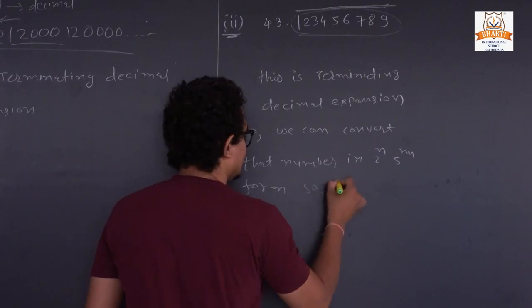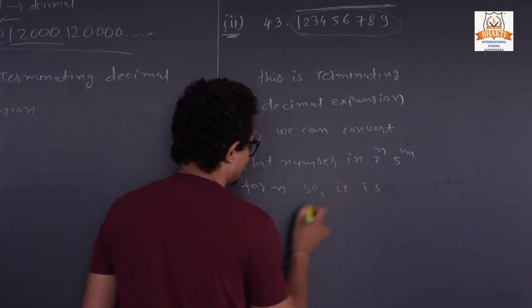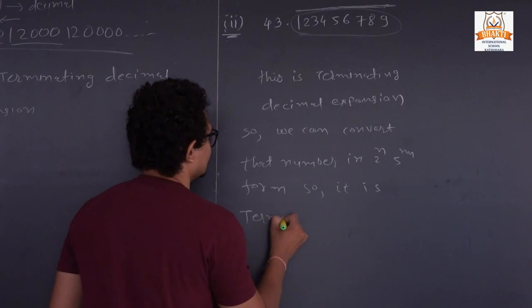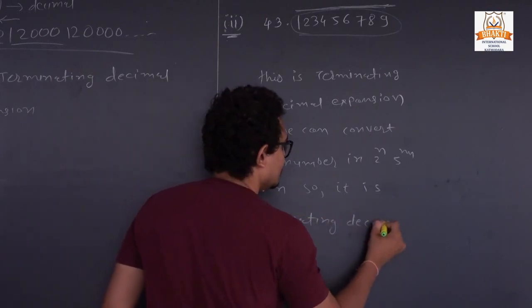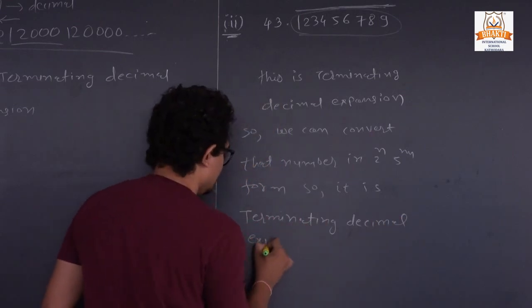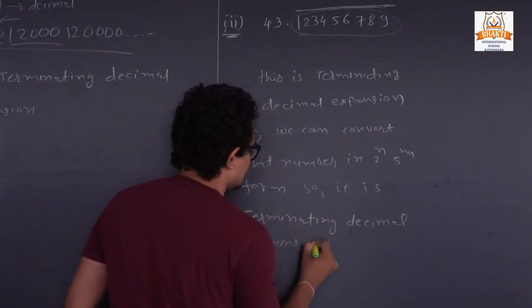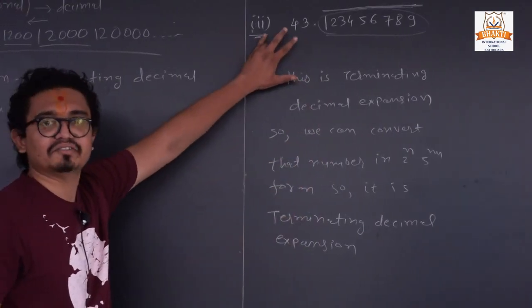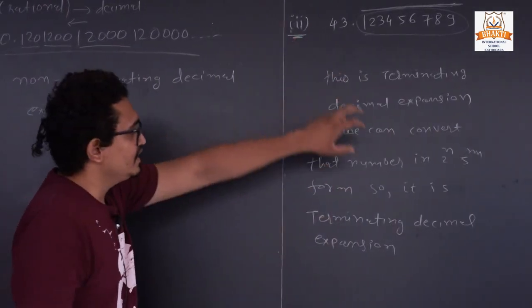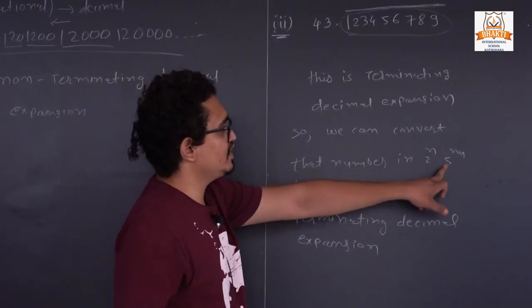So it is a terminating decimal expansion. So we have one procedure, but here we can directly write down that it is in the form of 2 raised to n into 5 raised to m.